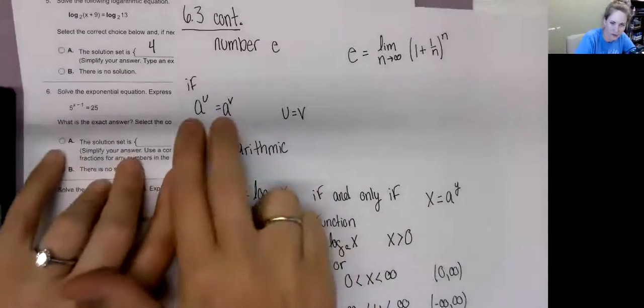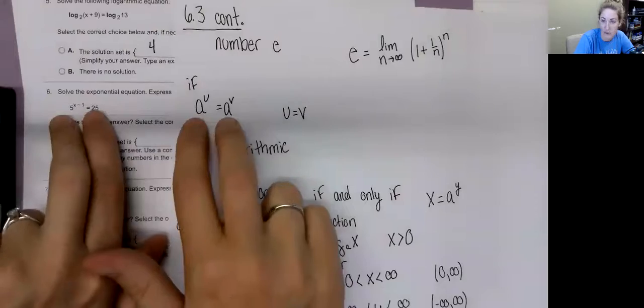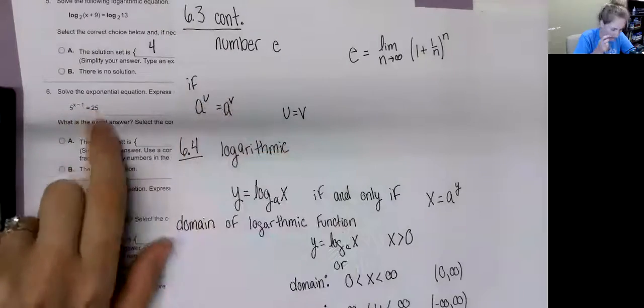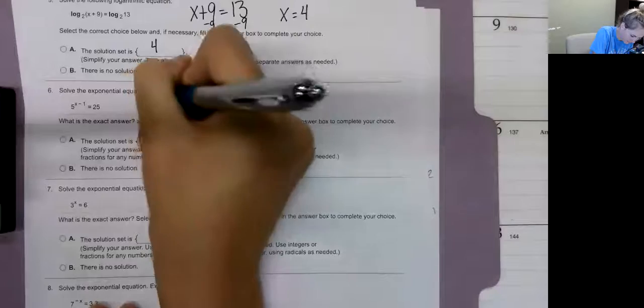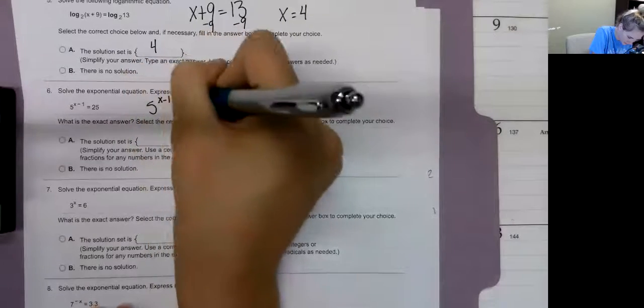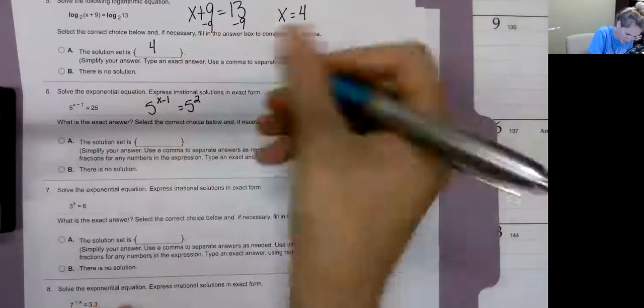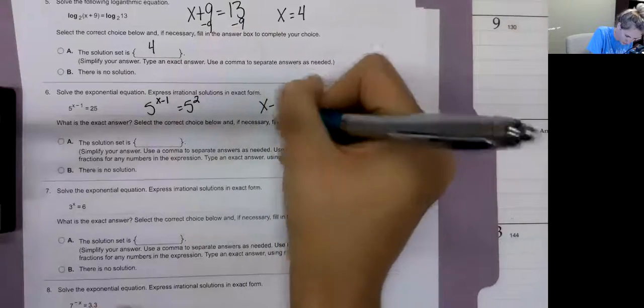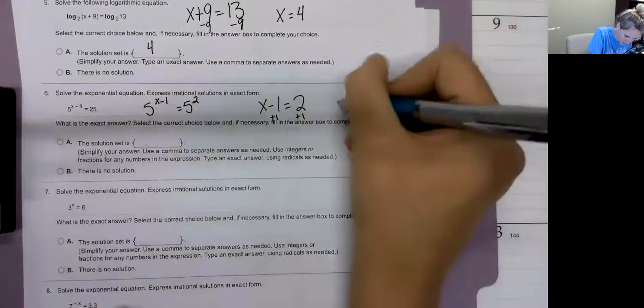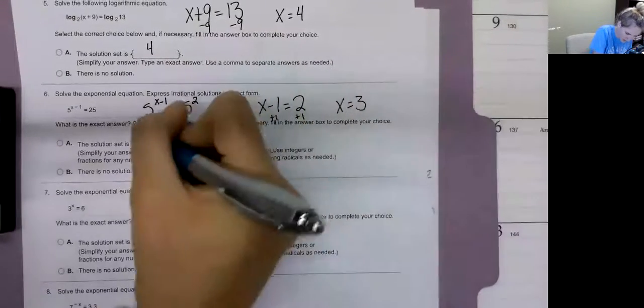So if we have the same bases on this, we can just compare our exponents. So we know 25 is 5 squared. So we'd have 5^(x-1) equals 5 squared. So then we can take that and have x subtract 1 equals 2. Add our 1. So x equals 3.